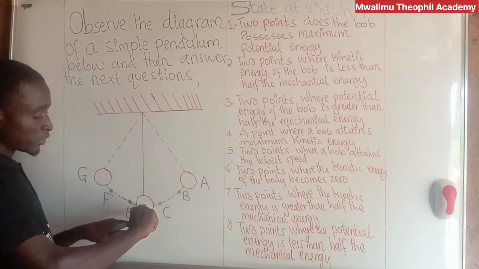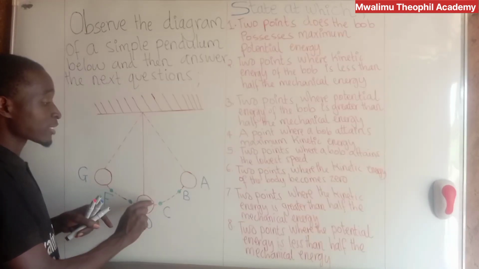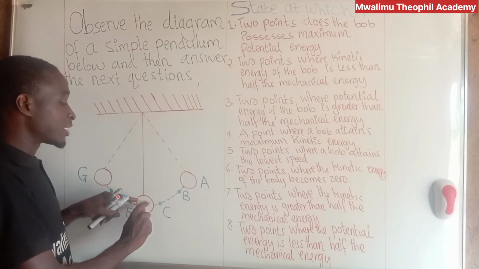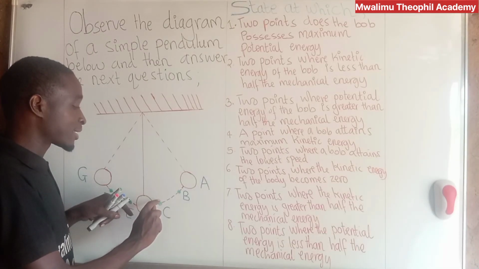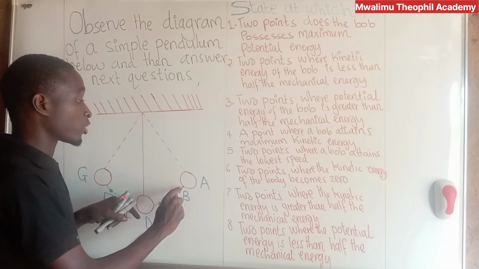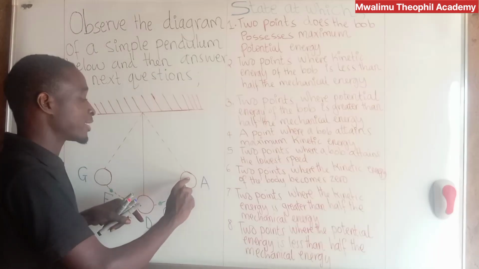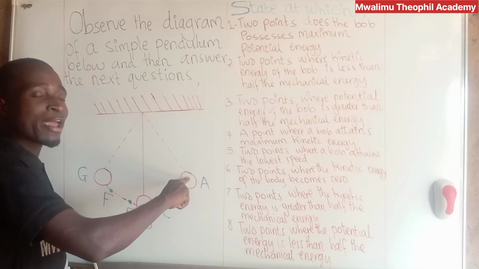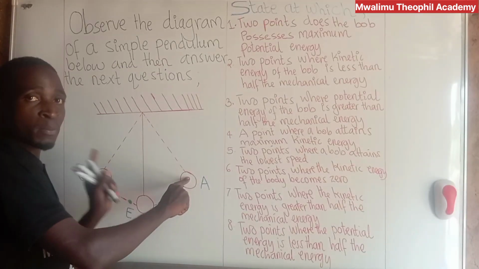As it reaches point D, it starts again to ascend up to point A. Now its velocity starts decreasing. And when again it reaches point A, its velocity becomes 0, while its height becomes maximum.